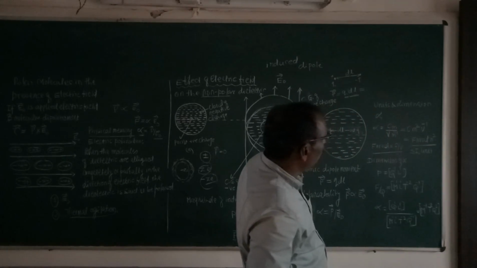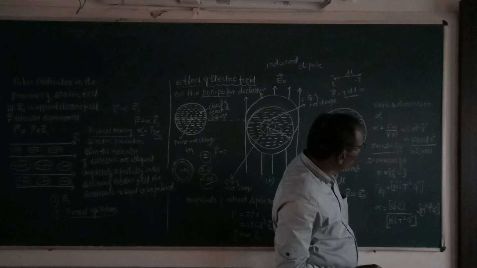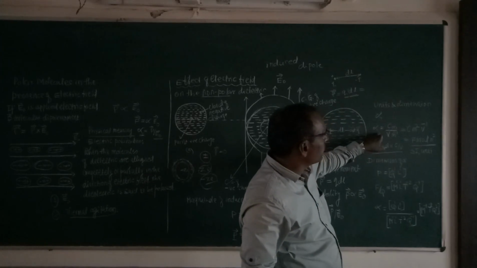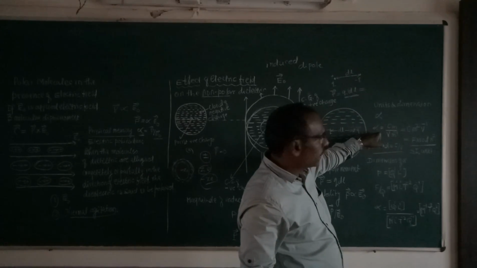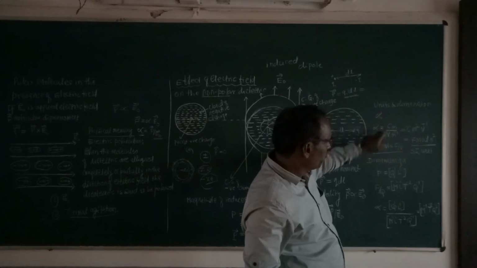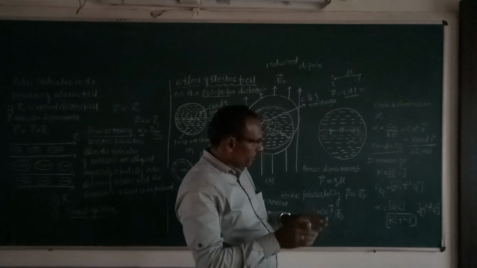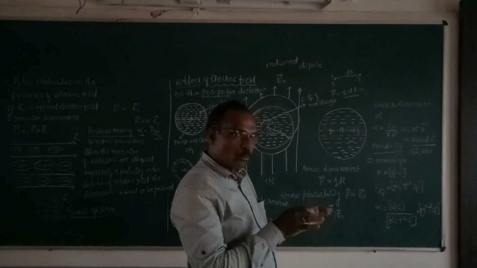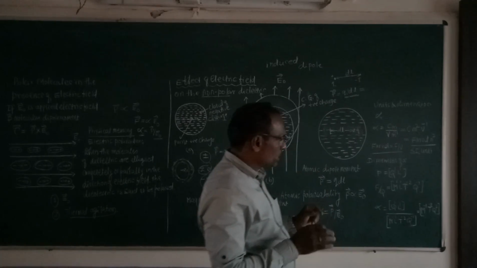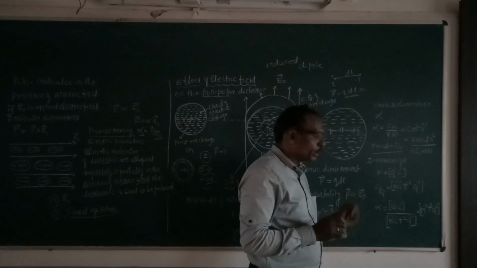Farad meter or coulomb meter square per volt is the SI unit of atomic polarizability, or you can say molecular polarizability. When we discuss molecular polarizability, we will write its unit.